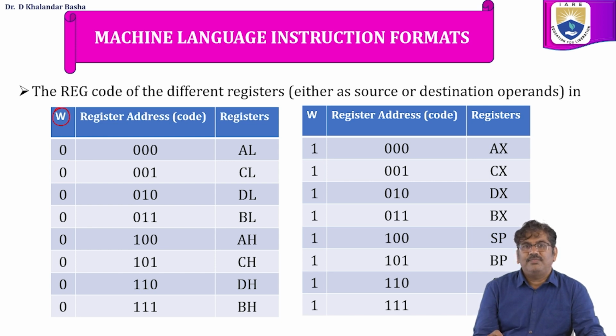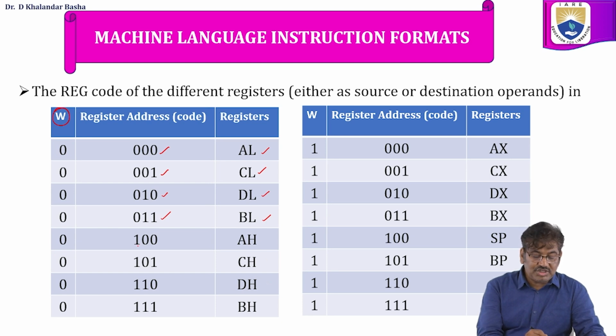As we have eight 8-bit registers, each register is coded with 3 bits. So 000 indicates the AL register, 001 is for the CL register, 010 is for the DL register, 011 indicates the BL register.